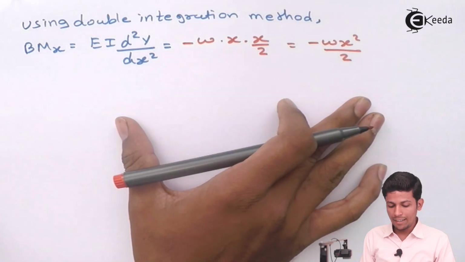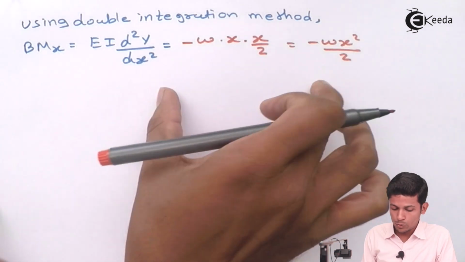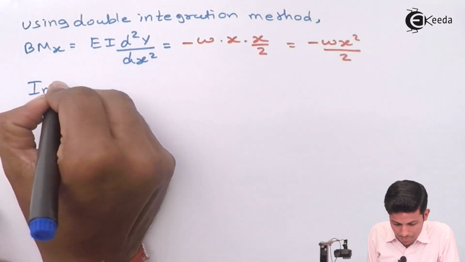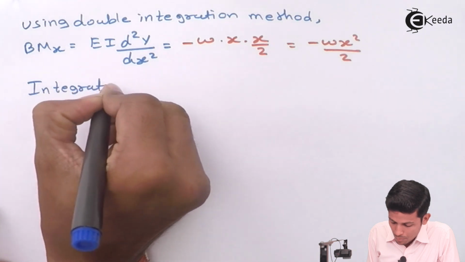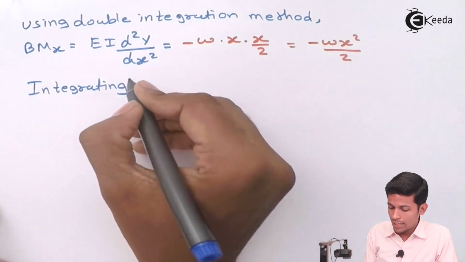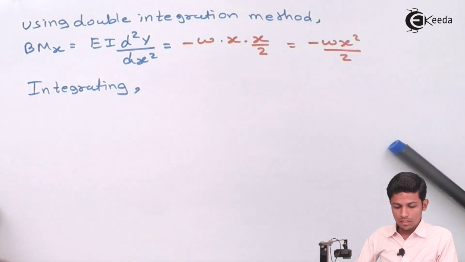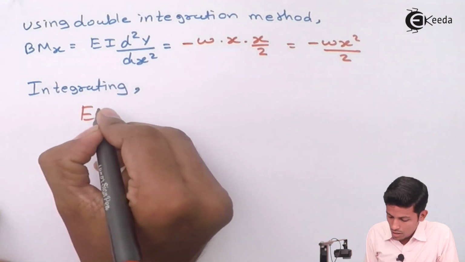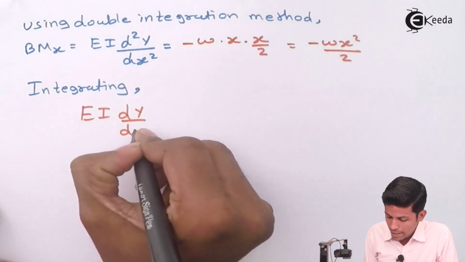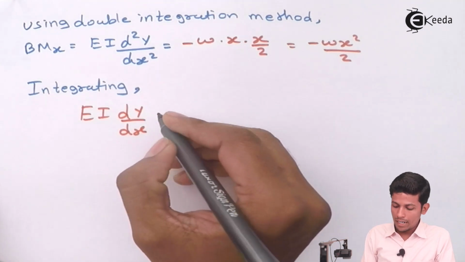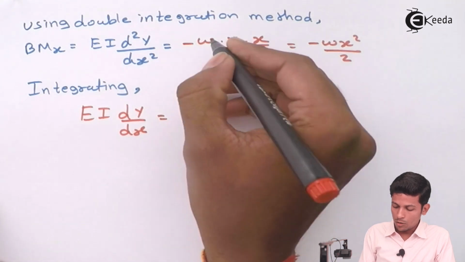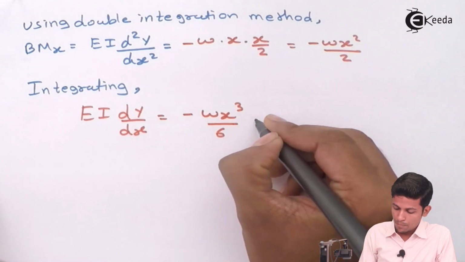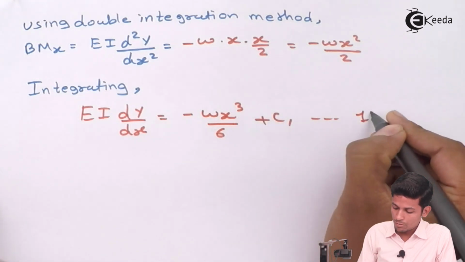Now we have to integrate this one. So integrating, EI dy by dx is equal to minus w x raised to 3 upon 6 plus c1. This is equation number 1.